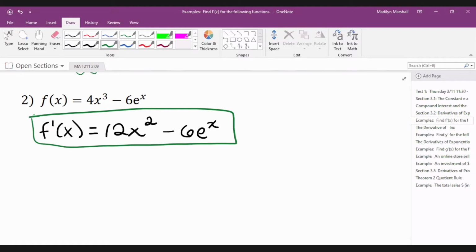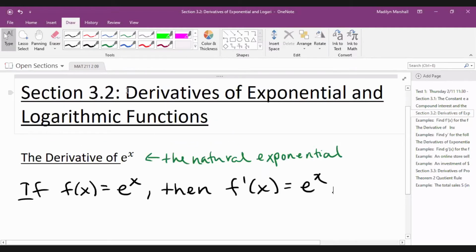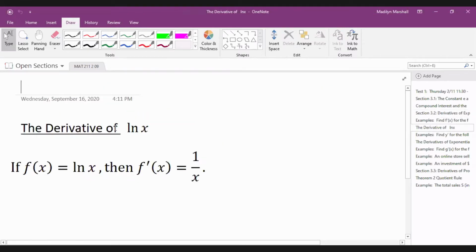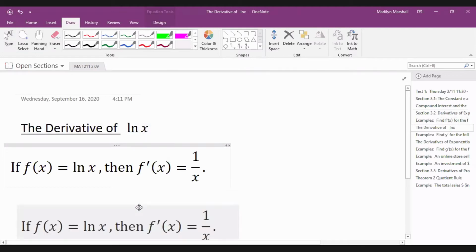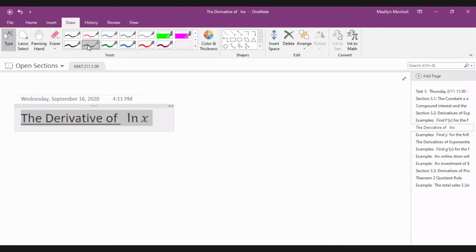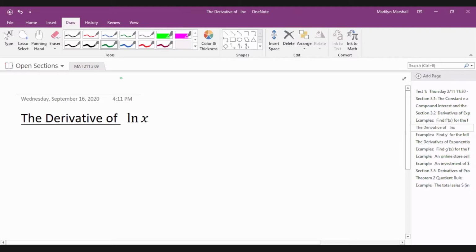So we're going to come back to this e, or it's going to show up more today. But section 3.2 is about derivatives of exponential and logarithmic functions. So we're not going to be doing as much investigating for logarithms. And actually, I'm going to move this down for just a second so we can remember. So we did some review of logs in that chapter 1 review assignment and the very first week of class.